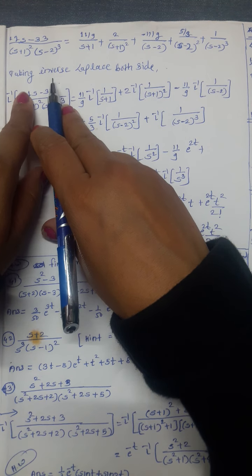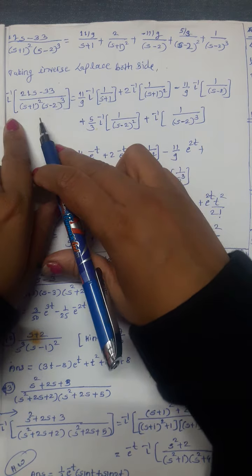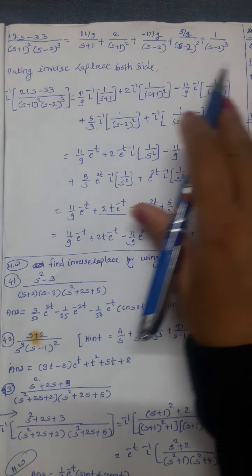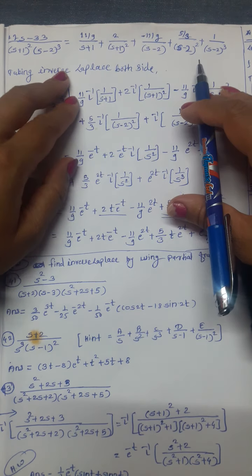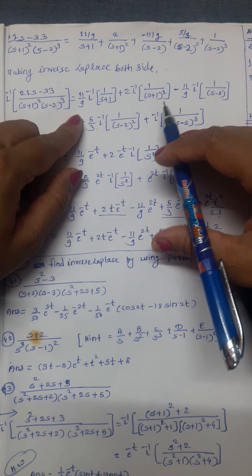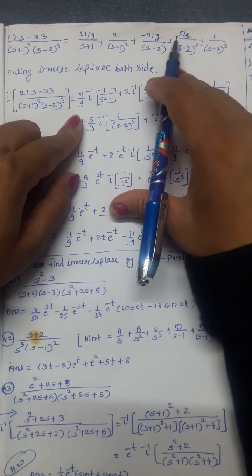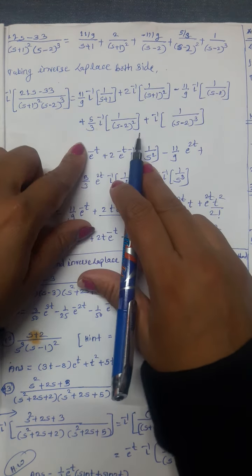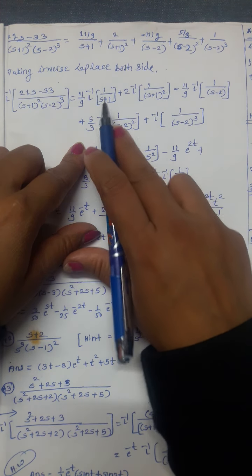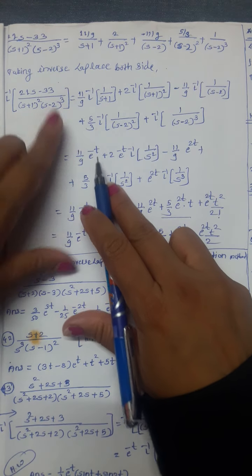The next step is taking the inverse Laplace transform on both sides. We get L inverse of this term is equal to L inverse of this total term. Take L inverse of each term, and take the constants outside. These all are constants. Now we have to find this inverse. You observe this inverse is easy, e raised to minus t.